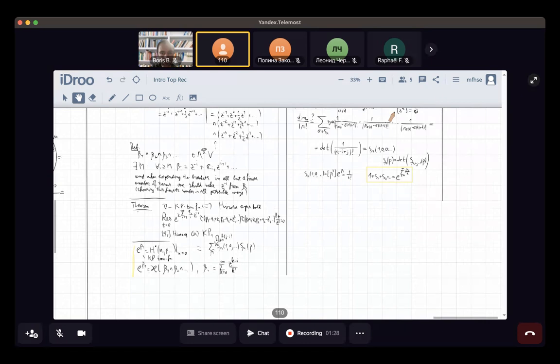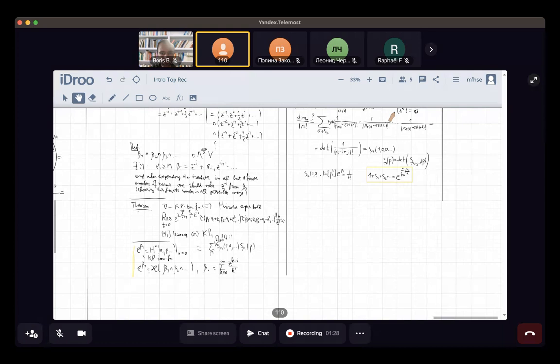So do you remember what the boson-fermion correspondence was? In this semi-infinite wedge space, there was a basis, v mu. The basis elements are v mu. Do you remember what they are? They are listed somewhere here. The definition is z to the power mu1 minus 1, wedge z to the power mu2 minus 2, and so on.